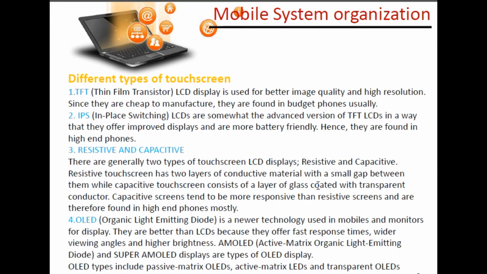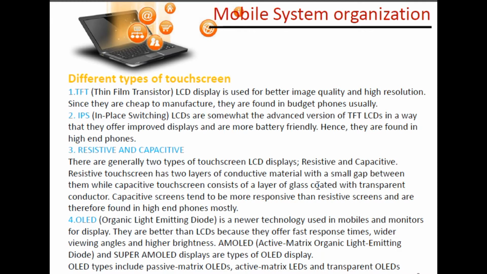Here we discuss different types of screens. There are 4 types of screens given here: TFT, IPS, resistive and capacitive screens, and OLED. TFT is also known as thin film transistor.